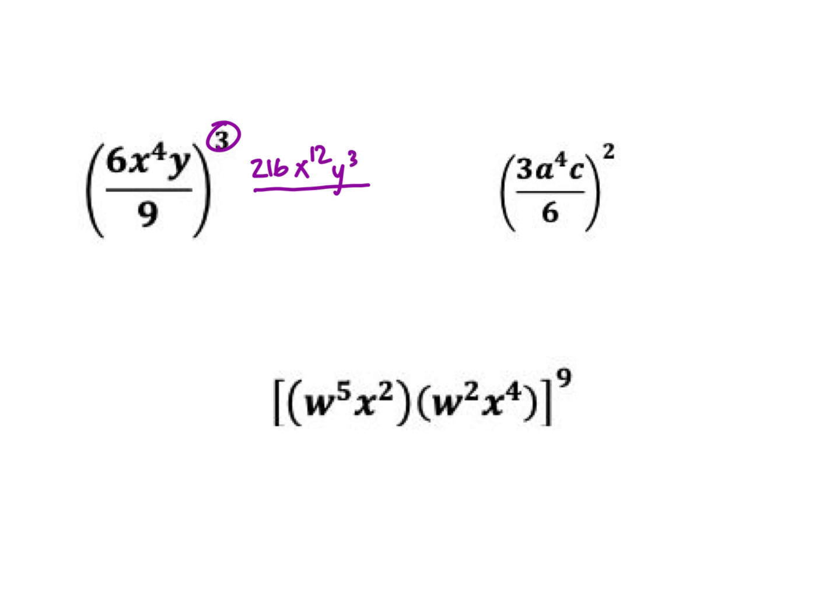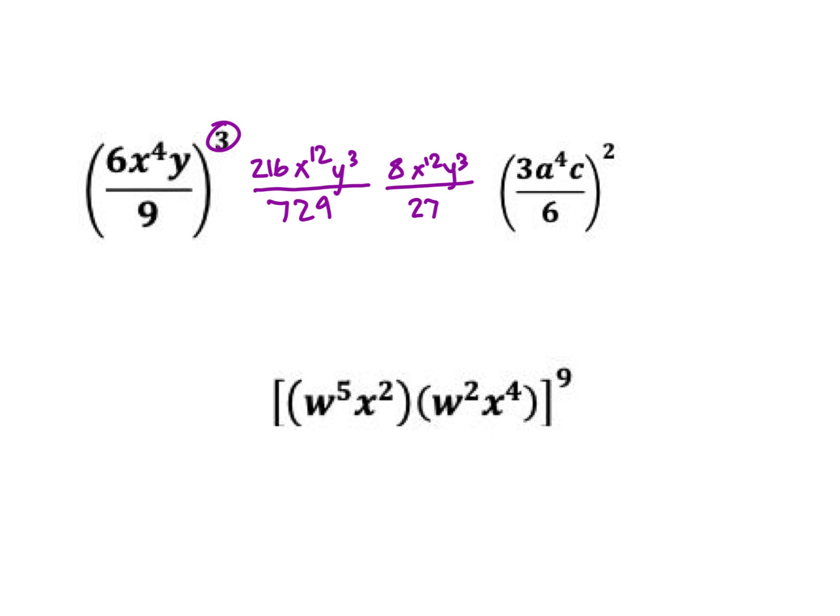Then on the bottom, I'm going to take 9 to the power of 3, and I get 729. I'm going to take my fraction, 216 over 729, and I'm just going to simplify that. So when I simplify that, I get 8x to the 12th power, y to the 3rd over 27.